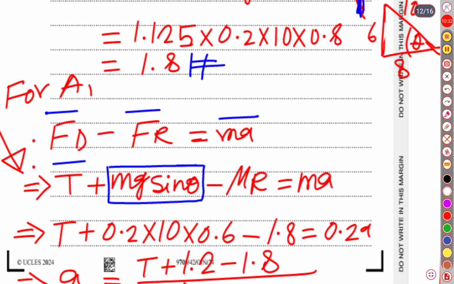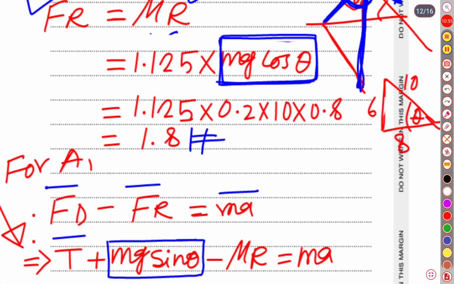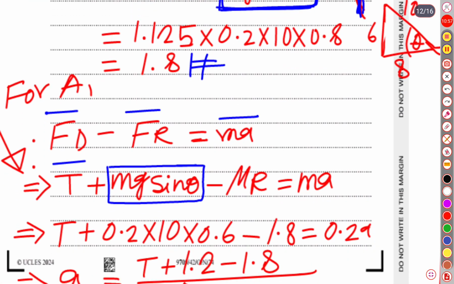Just remember, for the frictional or resistance force we used mg cos theta, which is the normal reaction force. The normal reaction force is always opposite to the driving force. So if the resistance force is mg cos theta, definitely your driving force will be mg sin theta. Sin theta and cos theta are opposite to each other. So these two are our driving forces.